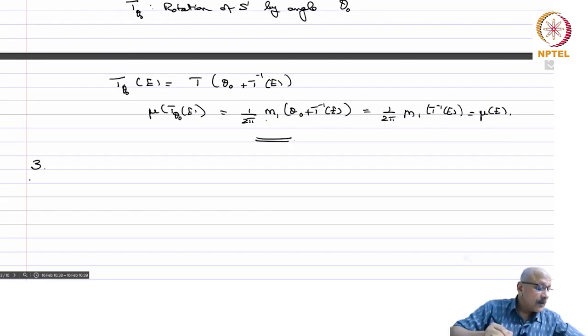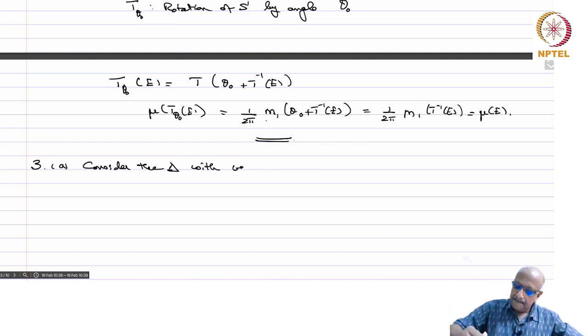3. A. Consider the triangle with vertices (0,0), (1,0) and (0,1).